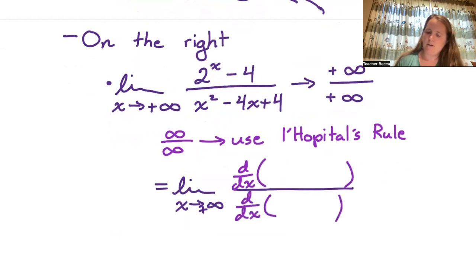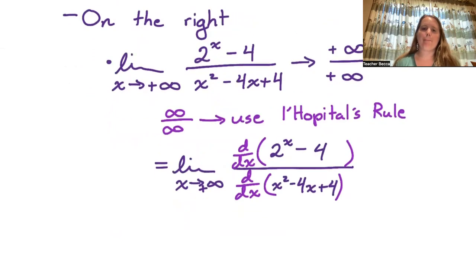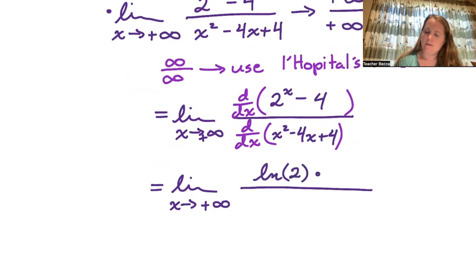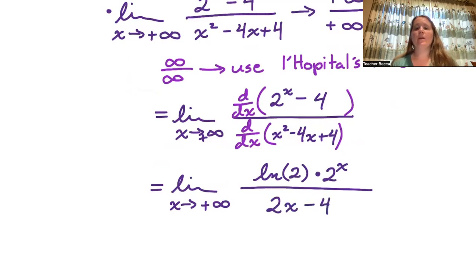So we have up top the derivative of 2^x - 4, and down below the derivative of x^2 - 4x + 4. So we are looking at the limit as x goes to positive infinity of (natural log of 2 times 2^x) over (2x - 4).